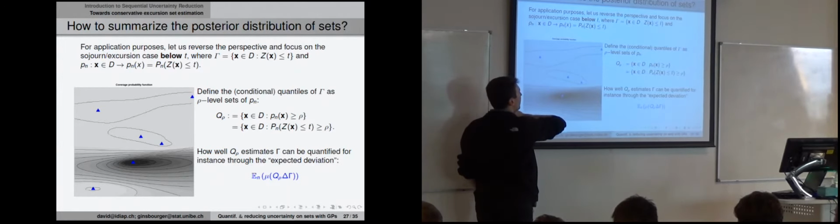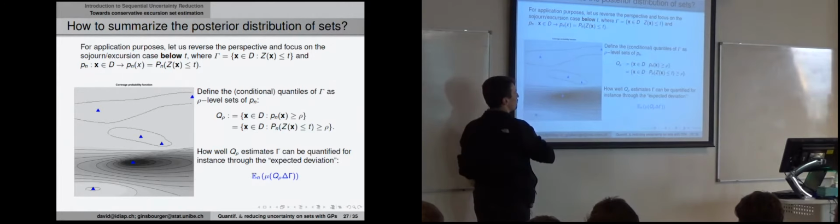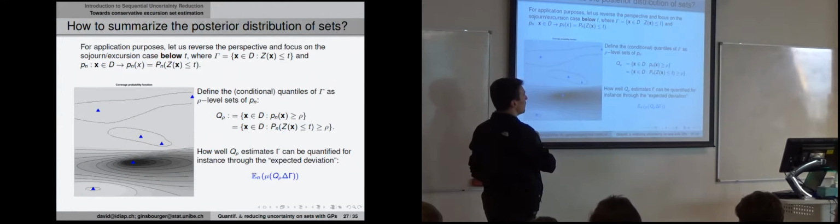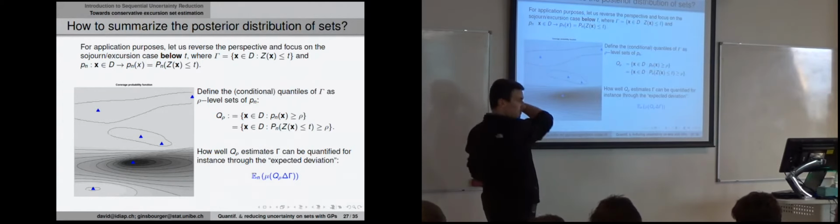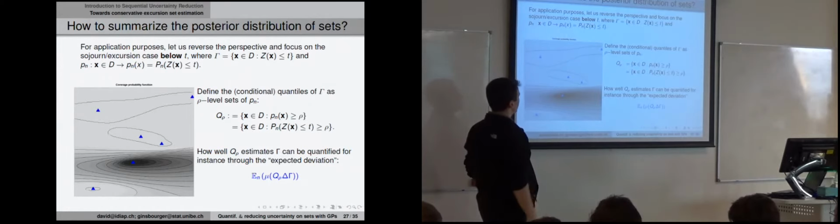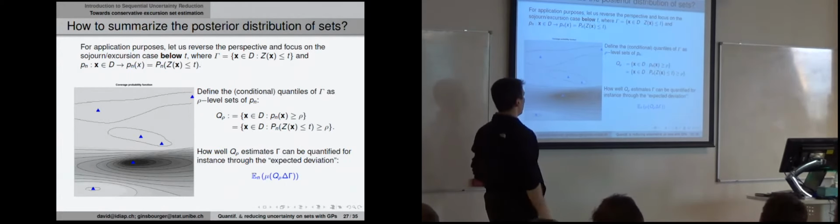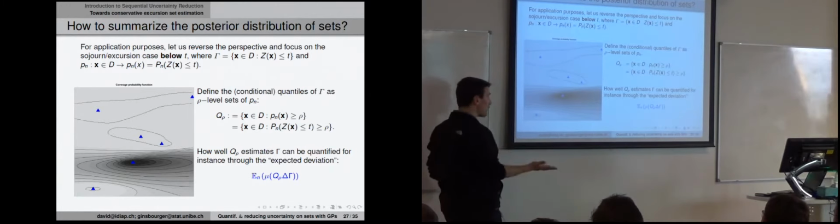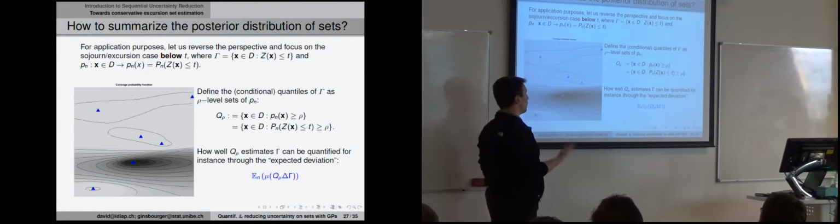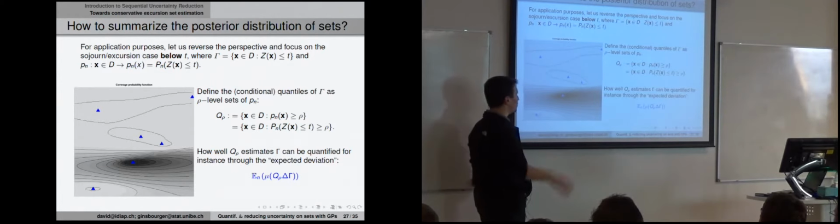So here you have a very high probability of being in the safe region. Here you have a small probability of being in the safe region. And now what you can do to estimate the set is a very, very intuitive, basic idea. You can take this probability and just truncate it. You can just say those regions of space where the probability of being in the set is sufficiently high, I consider that they are in my estimate. And those that have small probability, I get rid of them. Okay?